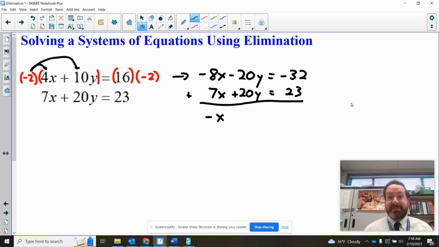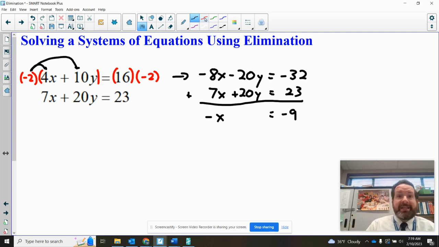No y's. The y's have been eliminated. They're not in this new sum that we got from adding these two equations together. -32 plus 23, well, that is just -9. And now I have a much simpler equation to solve and work with.